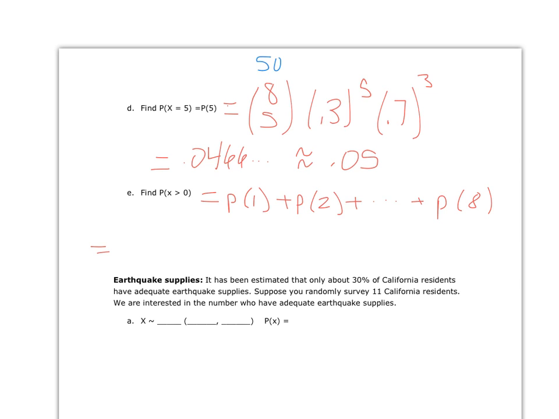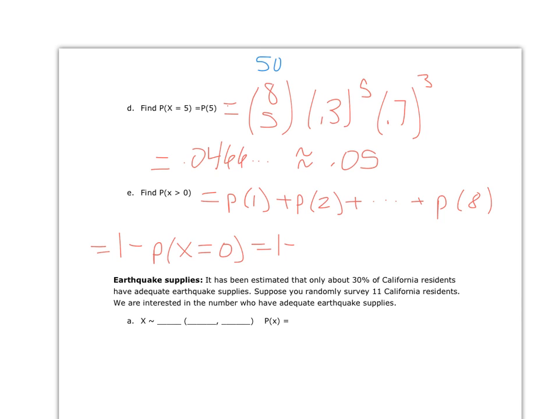But we could also use one of our probability rules and recognize that we could start with 1 and subtract the probability of the complement of x greater than 0. The complement of x greater than 0 is x equal to 0. So that turns out to be only one probability that we have to calculate.